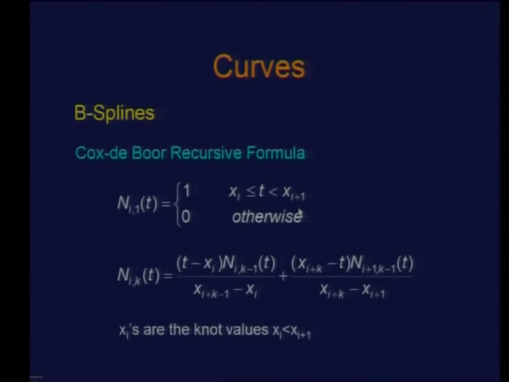So, x_i and x_i plus 1 are nothing but the pair of knots, right. And then the N_i,k is defined in a recursive way using N_i,k minus 1 and N_i plus 1,k minus 1, right. So, these are some combination of these, and the x_i, as I mentioned, are the knot values, and there is a property to these knot values that they are monotonically increasing, right.